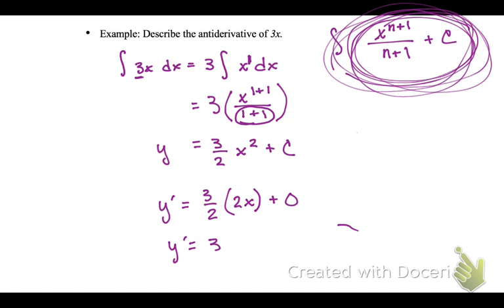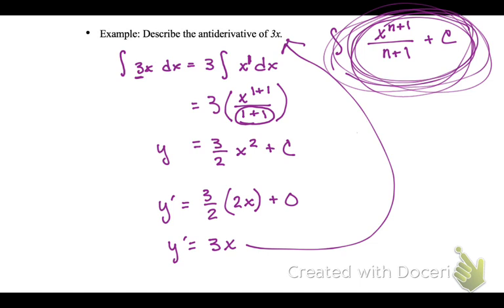Would be 3x. Is that what we were supposed to have? Couldn't it have been 1.5 x squared? And you would have got the same answer, 3x, if you found the derivative. Yeah, but it was much easier to deal with when you're multiplying by 2, but whatever.